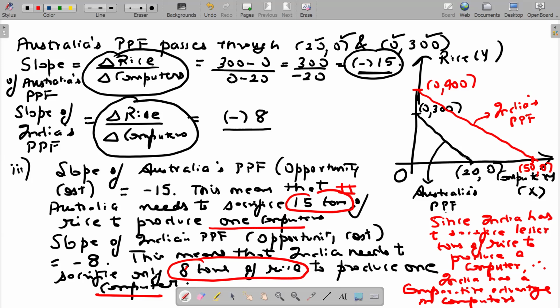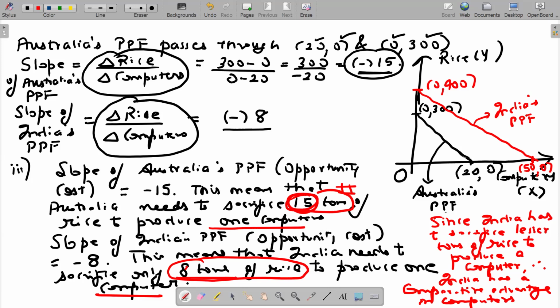So who has a comparative advantage in rice? If India has a comparative advantage in computers, because India has to sacrifice only 8 tons of rice to make a computer, Australia has to sacrifice more tons of rice, 15 tons, to make the same one computer. Since India has to sacrifice lower tons of rice to make the same computer, India has a comparative advantage in computers because India can produce computers at a lower opportunity cost compared to Australia.